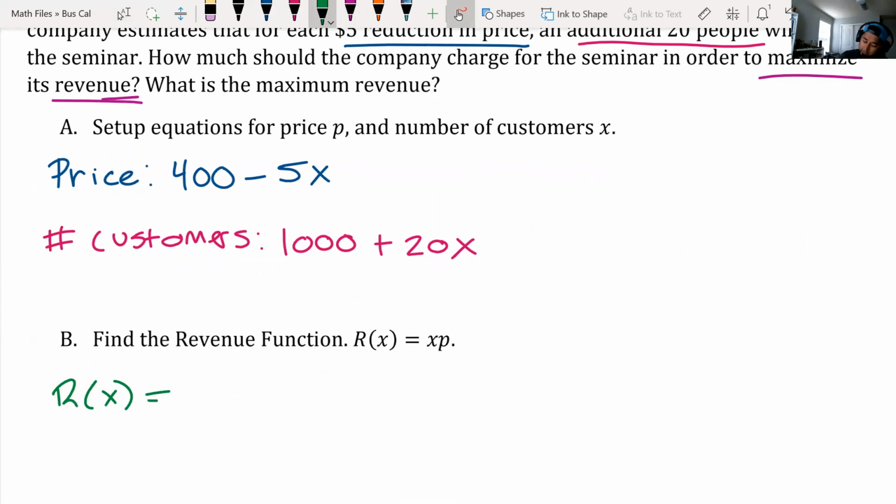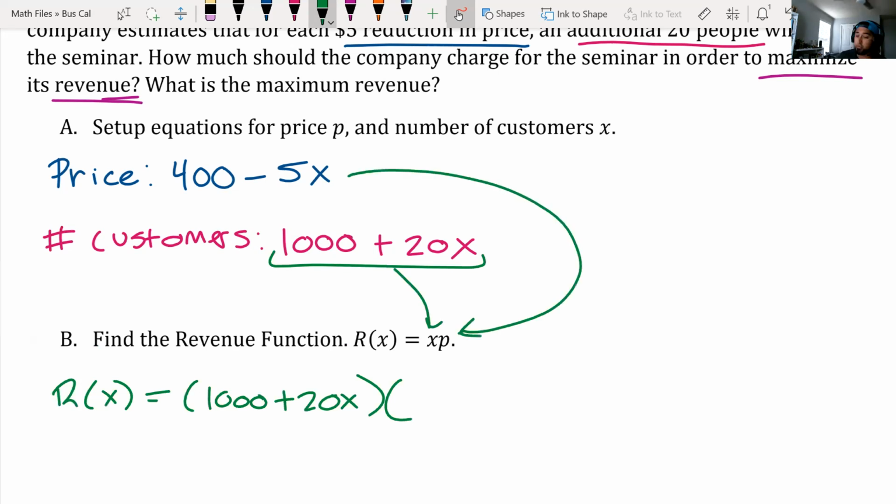So all of this is the number of customers. This will represent that x variable. We're going to substitute all of that in for x. So you're going to have 1,000 plus 20x times the price, which goes in for p, 400 minus 5x.